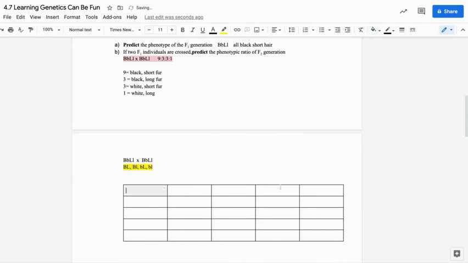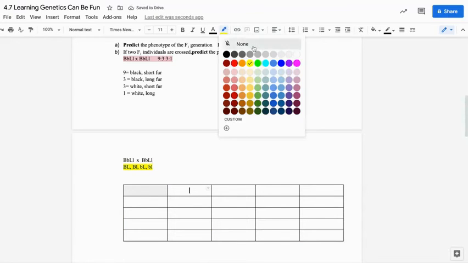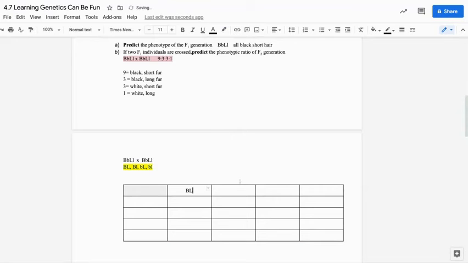All right, so parent 1 will go across the top. So again, what are the options? And I like everything to be centered. Okay, so the gametes from parent 1 are going to be big B could end up with big L, or big B could end up with little l.